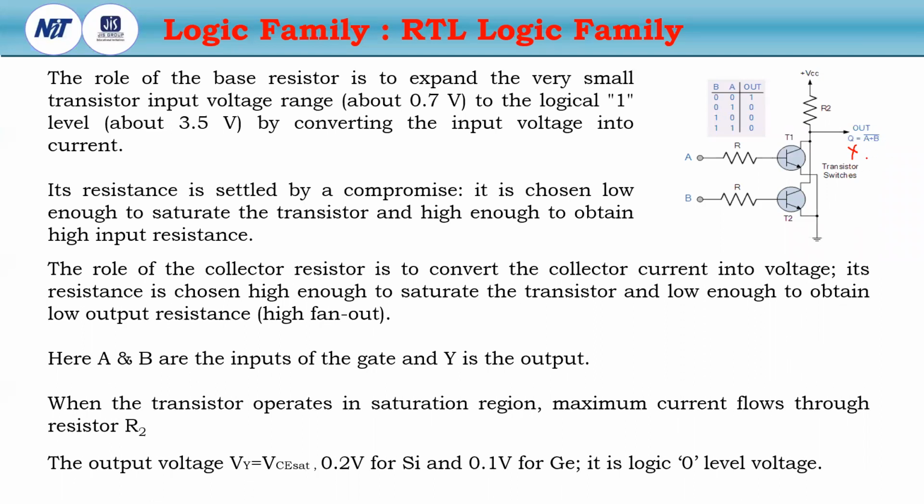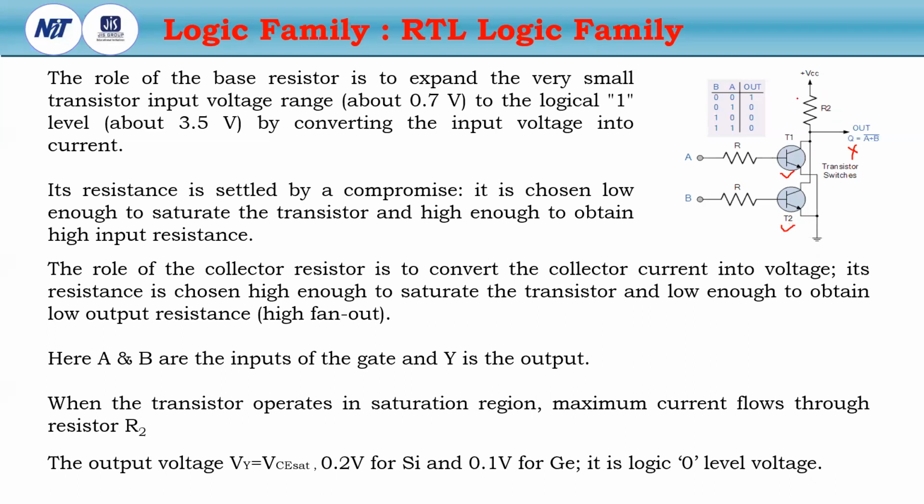So when the transistors are in the saturation region, what happens? These two transistors are on. If these two transistors are on, then the maximum current flows through the resistor R2, because it gets a path to the ground, due to the low resistance of the two transistors T1 and T2.